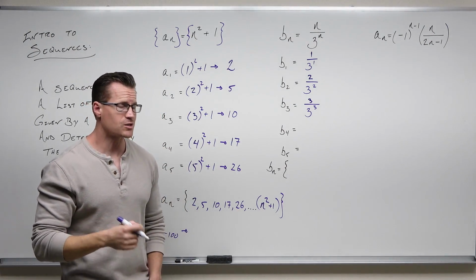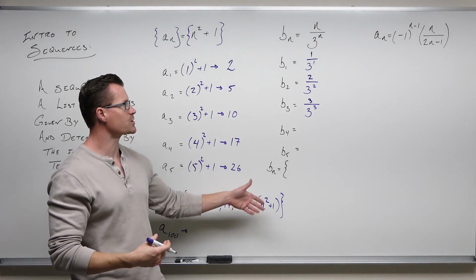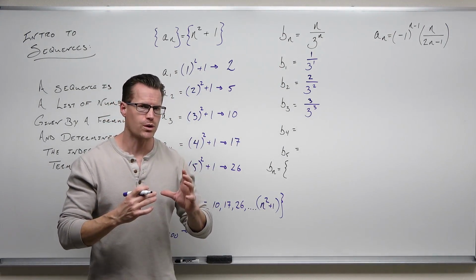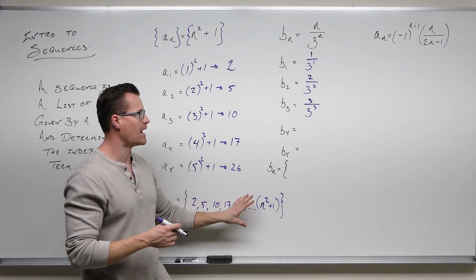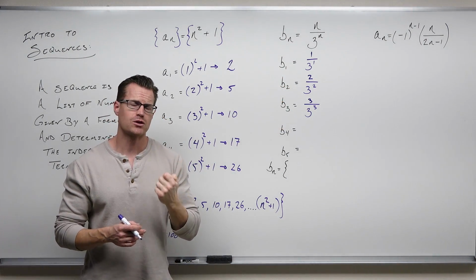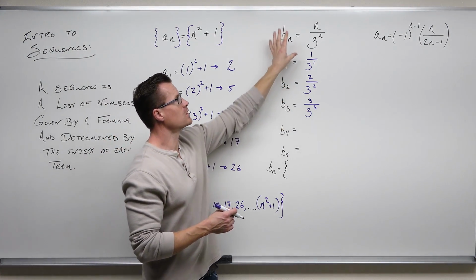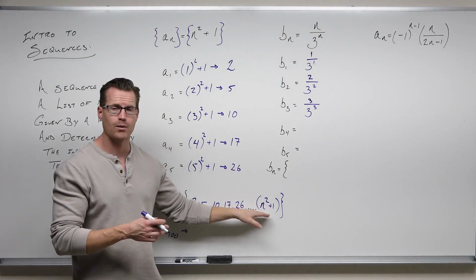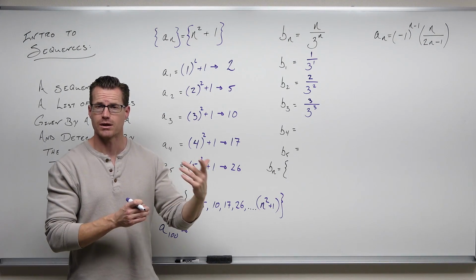What we're going to do is go backwards. I'm going to give you a list of numbers, and I'm going to ask you to come up with that formula for the sequence. It's really important to be able to base whatever numbers you have on whatever index you have for your terms. That's incredibly valuable because then you can make the jump to the general term, the term based on n.